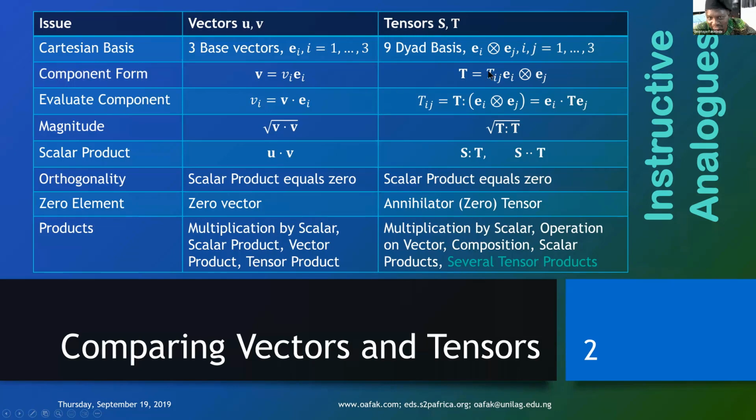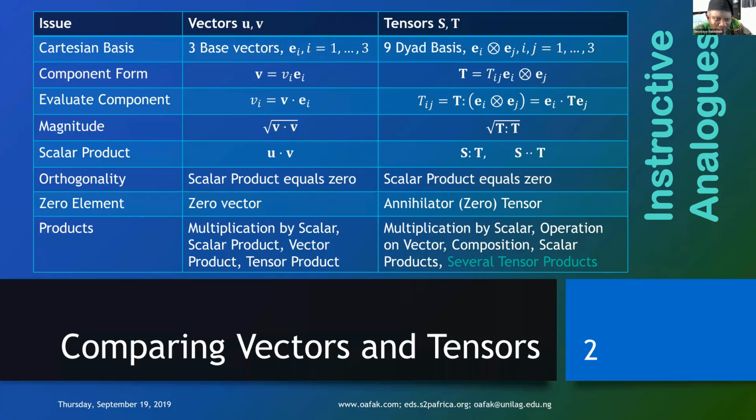In tensors, you have the same. You have 9 bases and you have 9 components. So you have T11 E1E1, T12 E1E2, T13 E1E3, T21 E2E1, and so on. Once you get 9 of them, you've finished the number of components that you are supposed to have there.